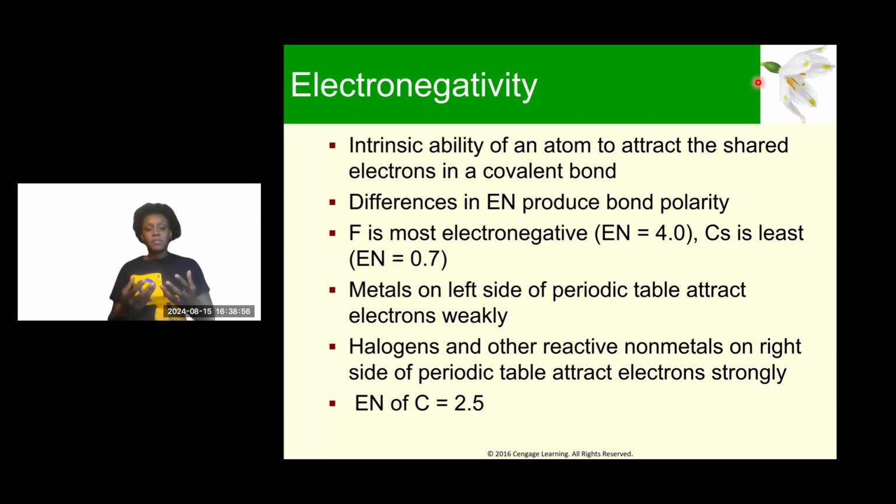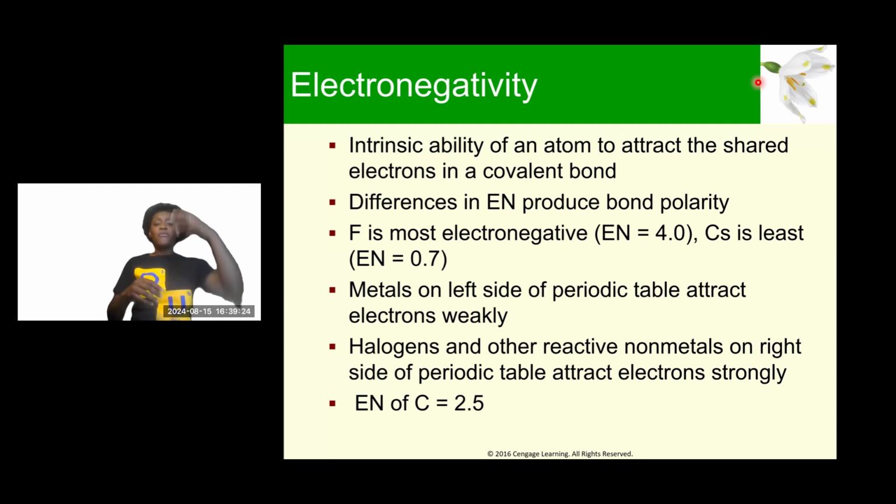So now let's look at this as an example. So fluorine, all right, because remember from general chemistry, is the most electronegative atom. So the electronegativity of fluorine equals 4.0, and that's the most electronegative. Now, in contrast, cesium is the least electronegative at 0.7, okay?